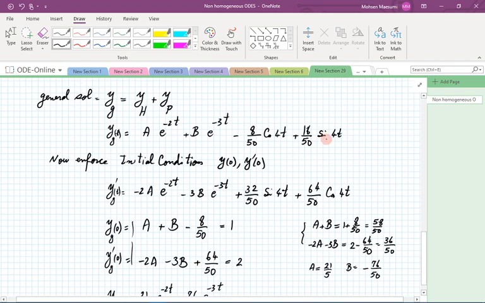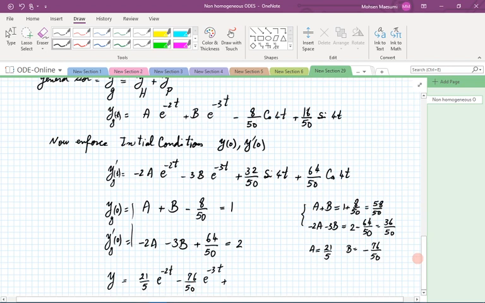This was my y, so I have minus 850 cosine of 40, and then 1650 sine of 40.